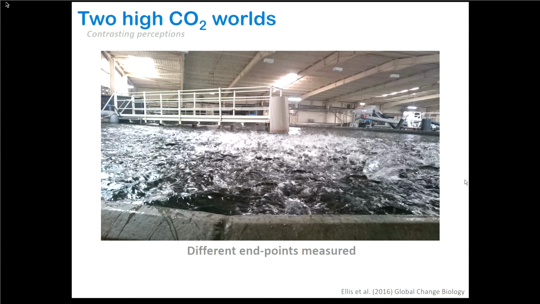The food's thrown in front of their face. They don't have to try and find it, and they don't have to run away from the predator. So do we care that they might be swimming around, not sensing the food, because there's enough there for them to get? So there are different endpoint measures that are really important in these two fields, and having an understanding of that is critical.